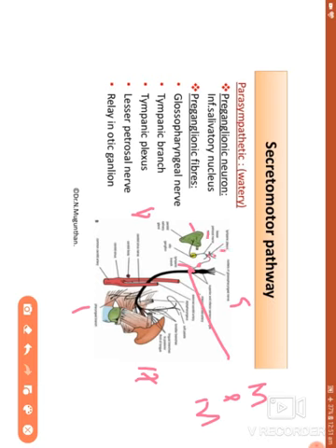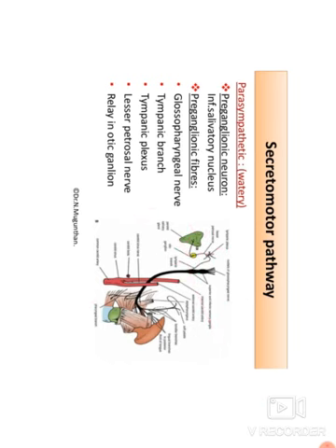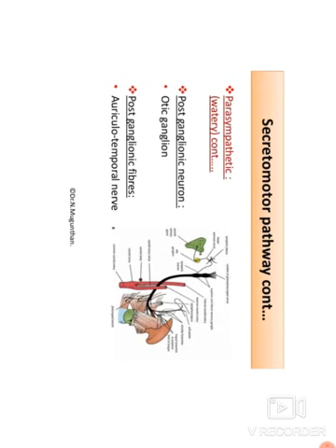From there comes the lesser petrosal nerve. It synapses with the otic ganglion, that is actually the parasympathetic ganglion. From there, postganglionic fibers along with the auriculotemporal nerve go to the parotid. That is the secretomotor pathway, the parasympathetic pathway. So stimulation produces watery type secretion.